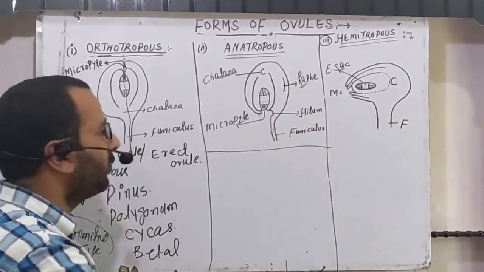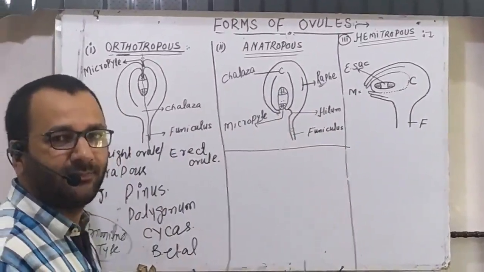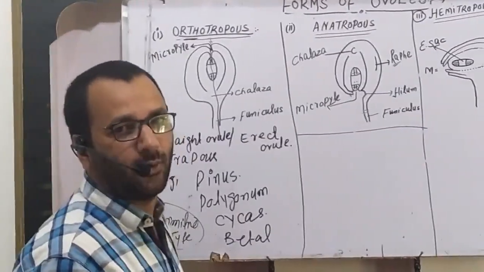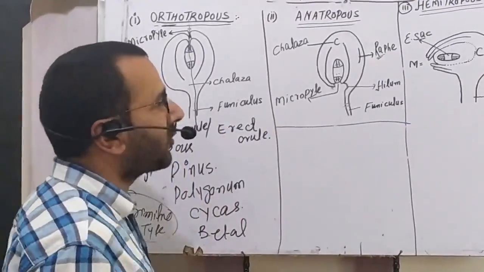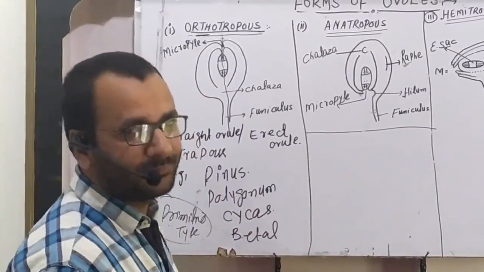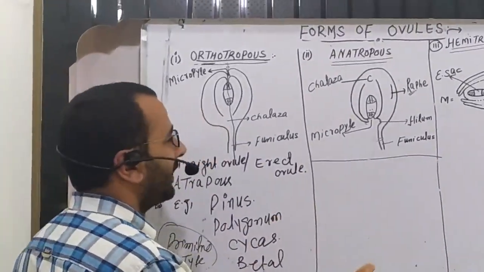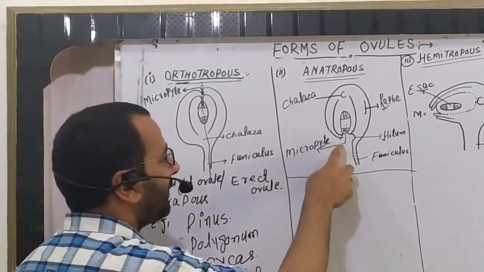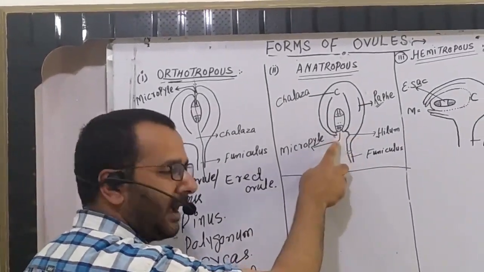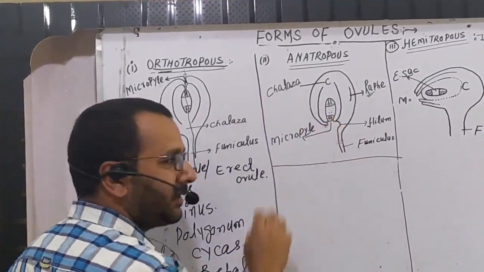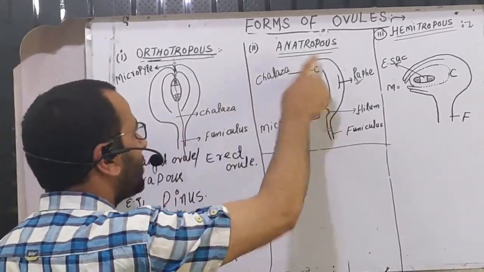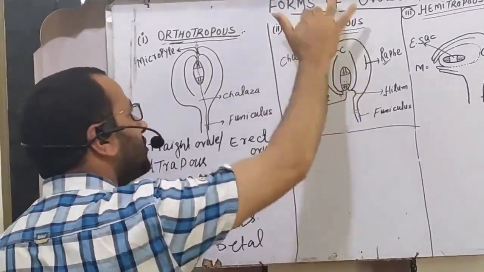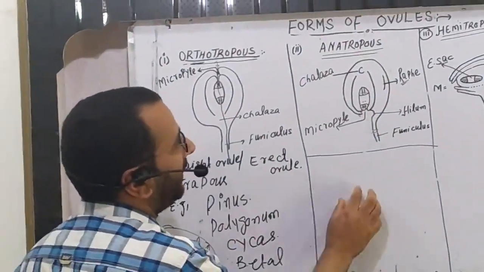This was the ovule which we discussed in our previous lecture also. So what is anatropous ovule? It is an ovule in which funiculus and micropyle, including hilum, lie close to each other, while chalaza lies opposite to the micropyle.